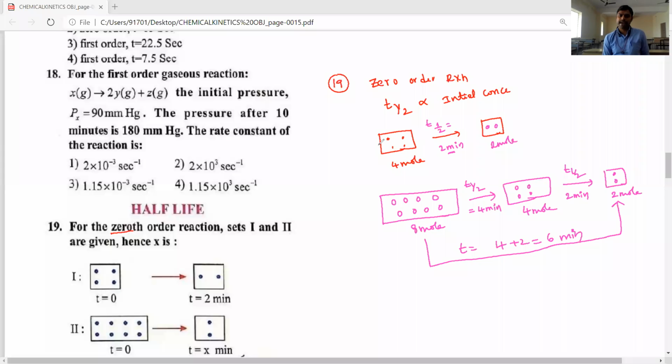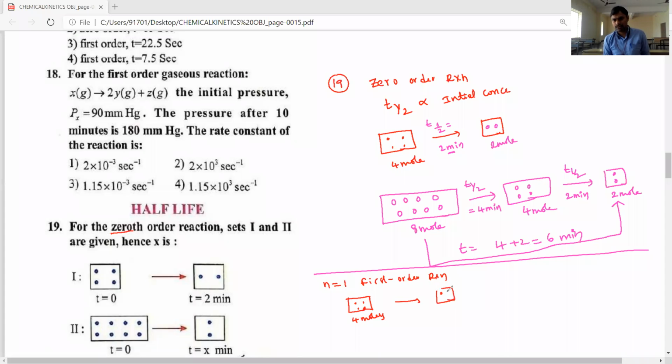In the same way, if the reaction is carried out as a first order reaction, where n is equal to 1, let's see how much time is required. The first order reaction is independent of the initial concentration. 4 moles converted into 2 moles, then T half is equal to 2 minutes.